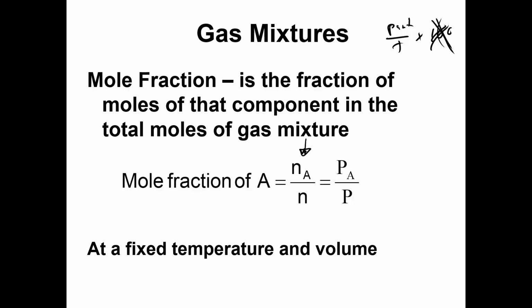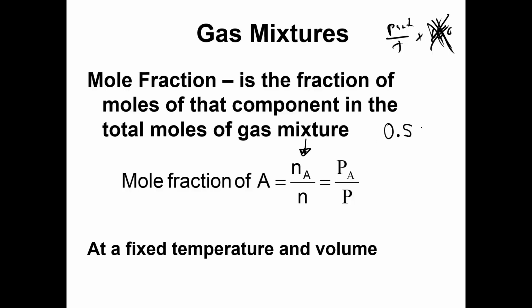So if we go back to the 50-50 mixture of nitrogen and oxygen, we can say that if it's 50% oxygen, the mole fraction is 0.5, right? Because 50% has a fraction of 0.5 without the 100. Multiply that by 100, you get your 50.